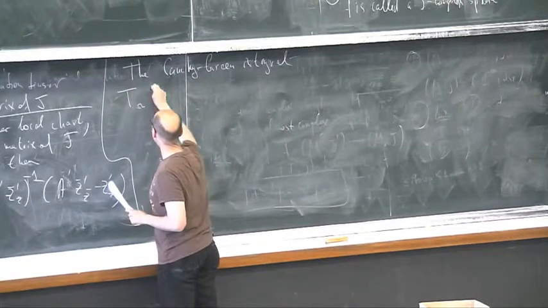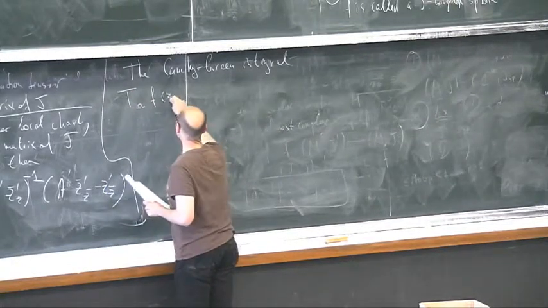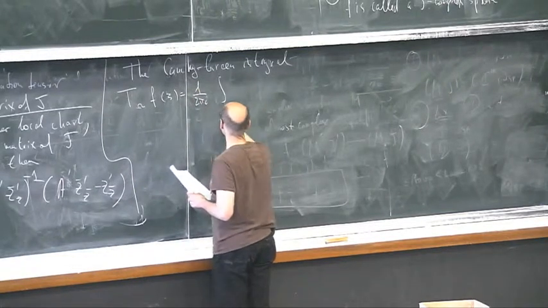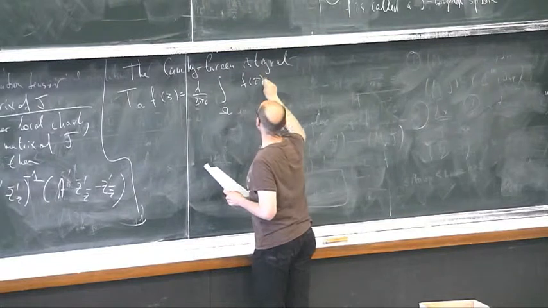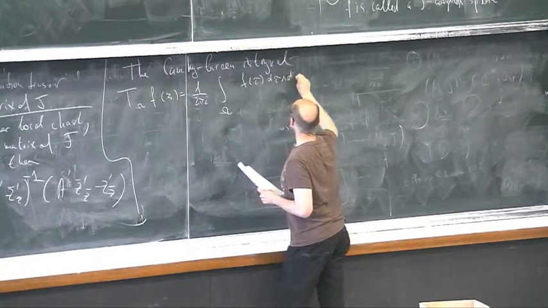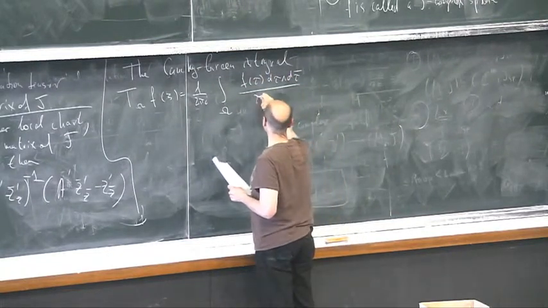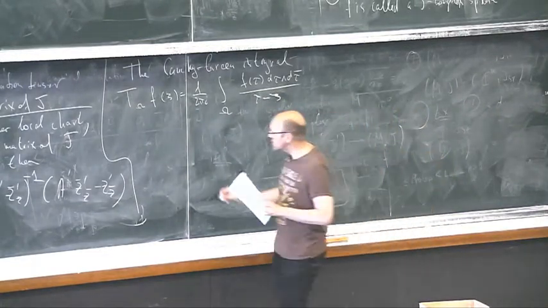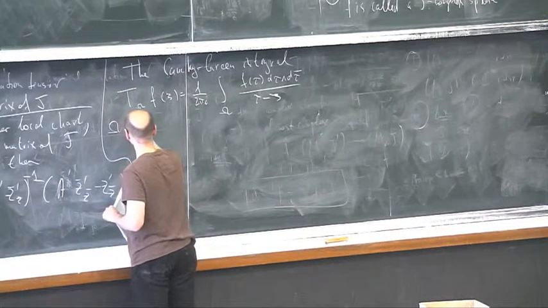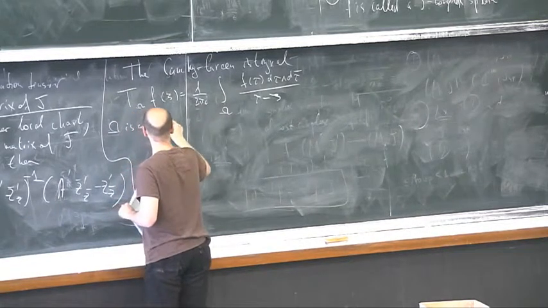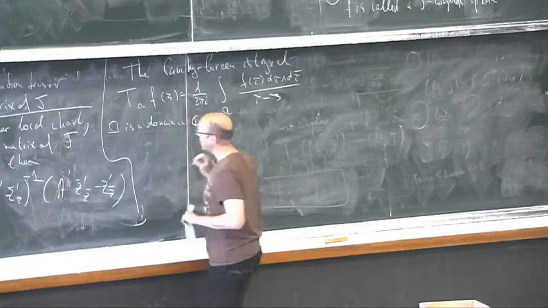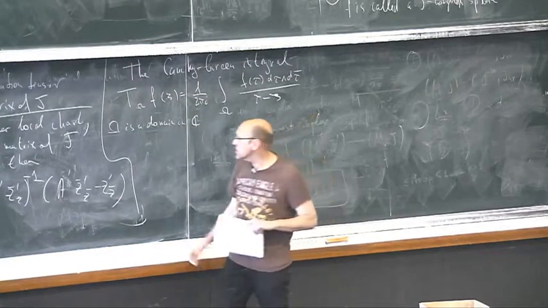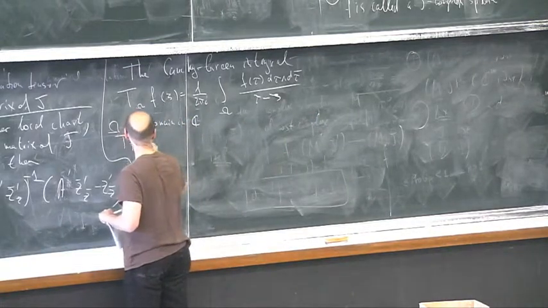So T omega of F is equal to this. Of course, omega is a domain in C. When omega is equal to the unit disk, I drop the index, so I write just like this.